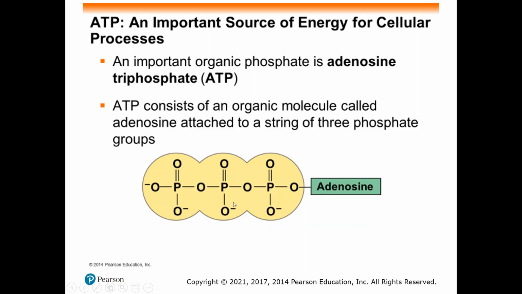So ATP consists of an organic molecule called adenosine attached to a string of three phosphate groups. And this is very important. ATP powers all cellular function and activity.